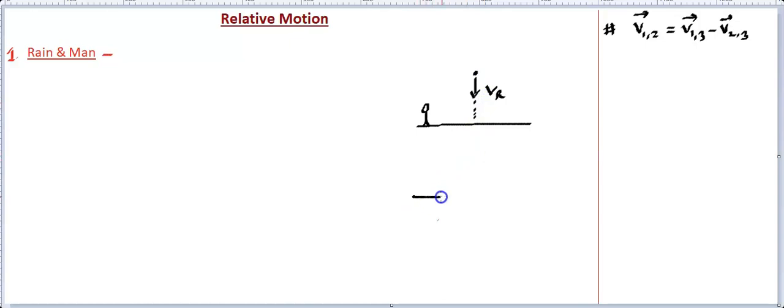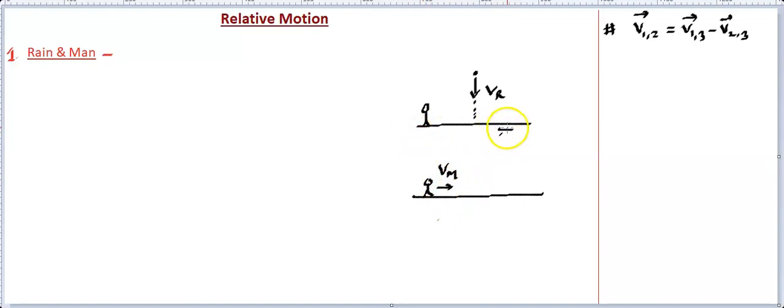But let's say after a certain time you ride a bike or a car or start running in this direction with some velocity. We'll call it the velocity of man. I'm not writing the g, that means this is obviously the velocity of man with respect to the ground.